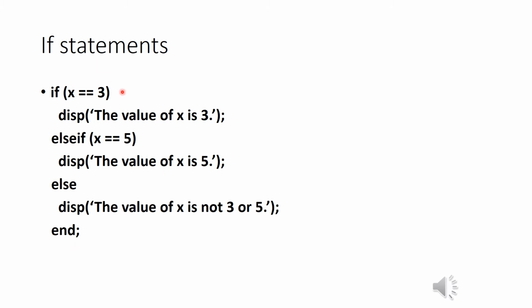If its value is 3, then this statement will execute. If the value is 5, then this statement will execute. And for the else statement, if the value of x is not 3 and nor is 5, then the statement display the value of x is not 3 or 5 will execute.